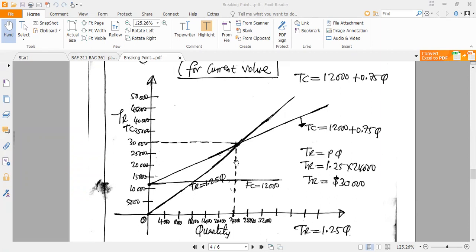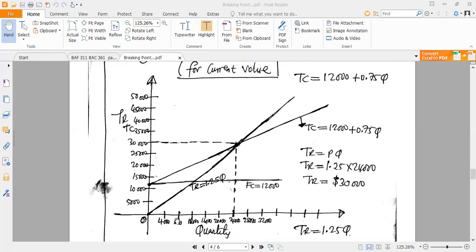For the current volume, they are meeting at 24,000 units, and the total cost is 30,000. On the vertical axis there was an interval of 5,000 each: 5,000, 10,000, 15,000, 20,000, 25,000. Then on the horizontal axis, we have 4,000, 8,000, 12,000, 16,000, 20,000, 24,000, 28,000, 32,000.